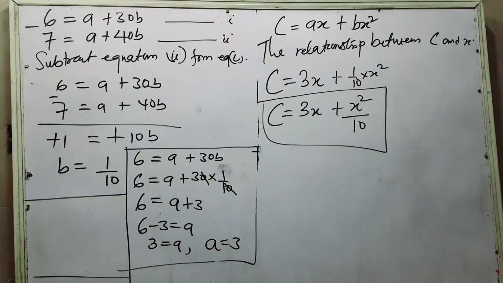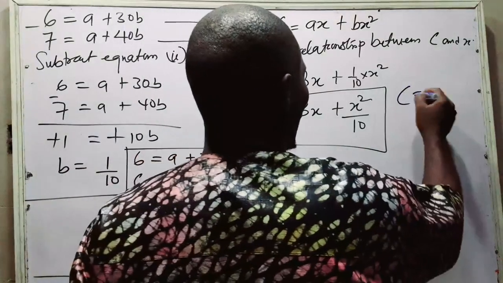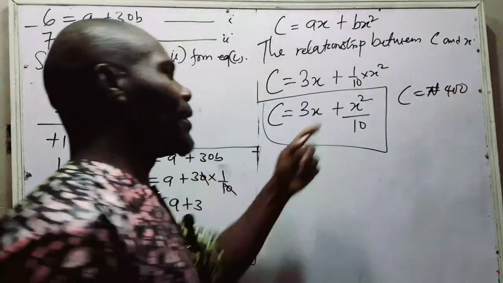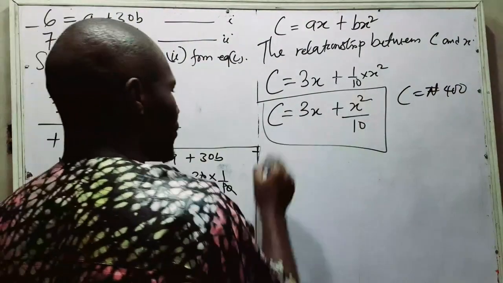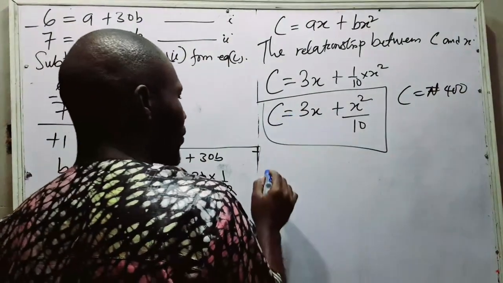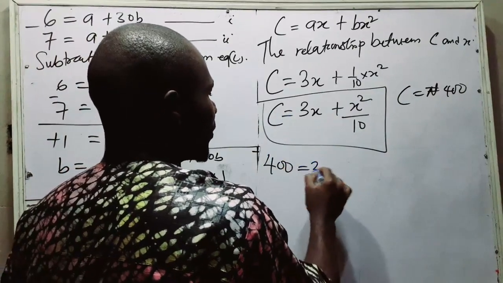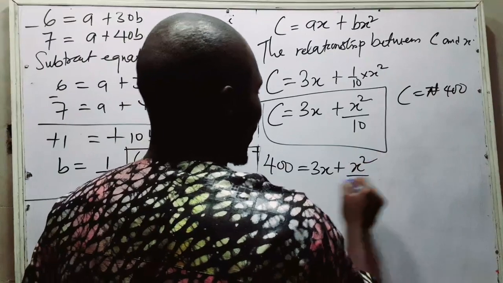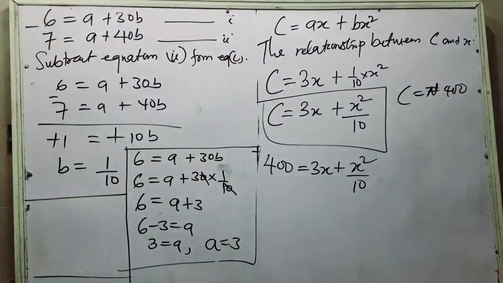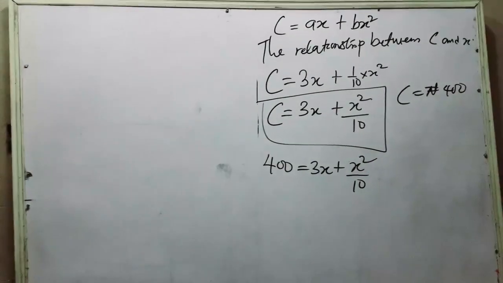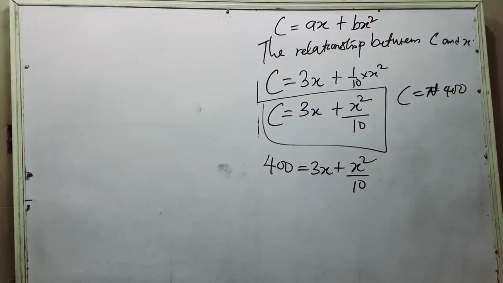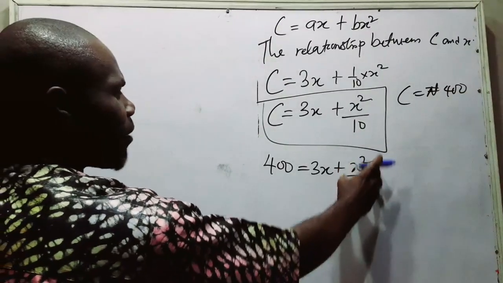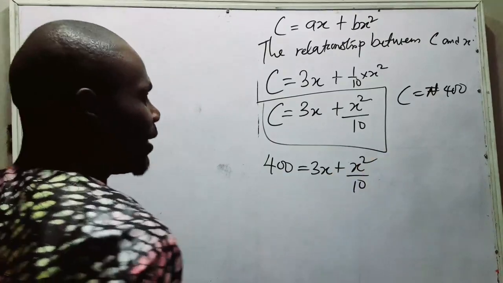But there is another condition given: how deep is the well if the cost is 400? We are now given the cost to be 400, and we are to find the depth. So let's substitute the cost into the equation. We have 400 is equal to 3x plus x squared over 10. This has turned back to a quadratic equation, but it has formed a fraction, so we must turn everything to a linear form.